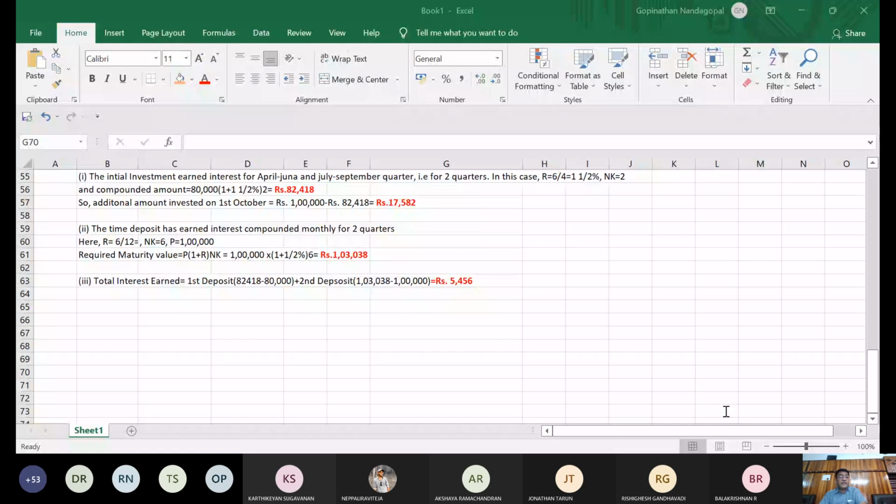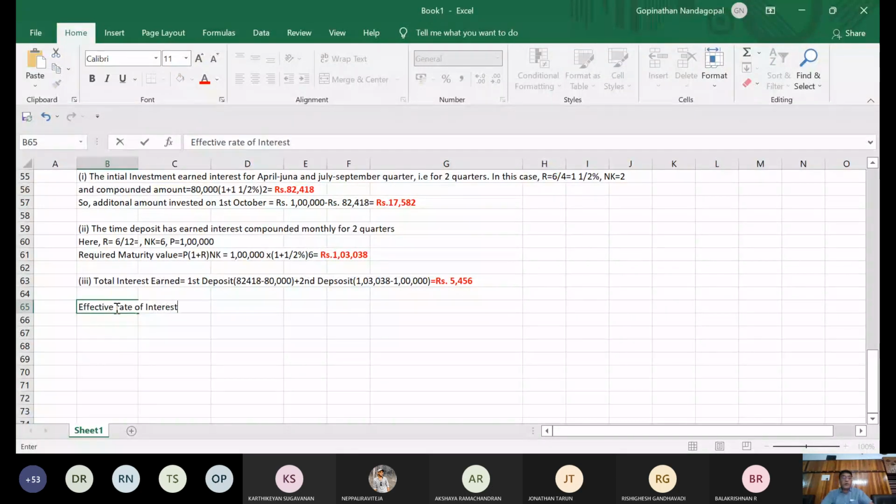So I put it like this. Effective rate of interest. Here we put it like this. Question number 8.